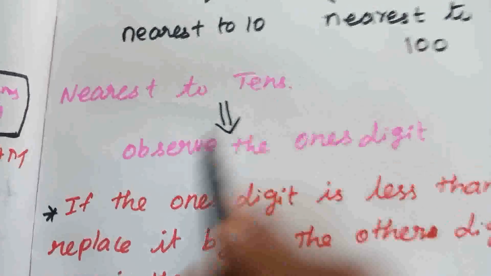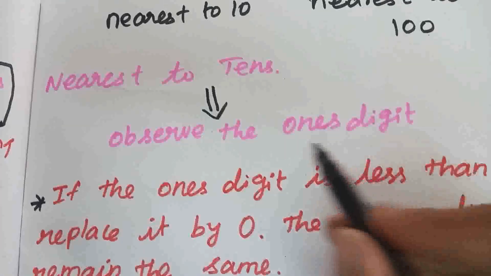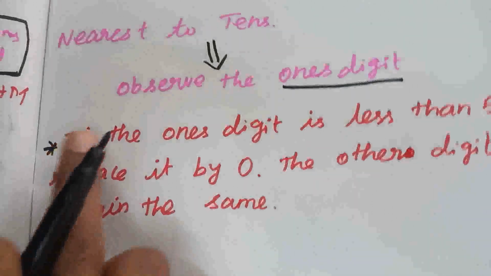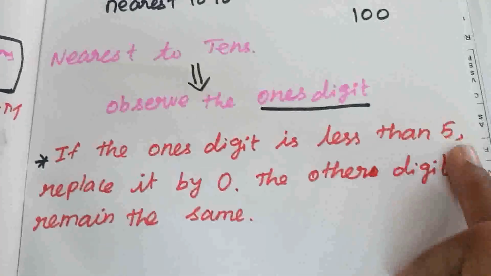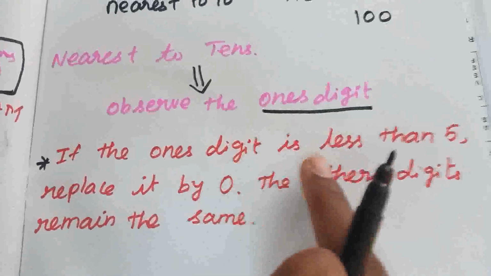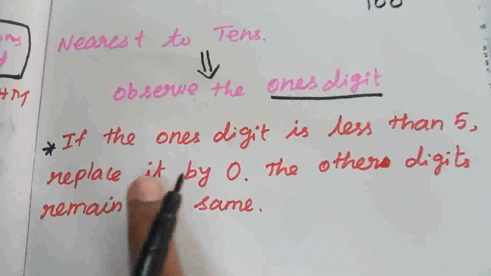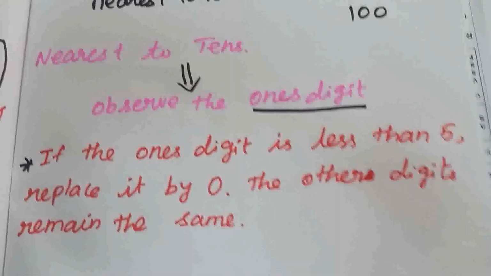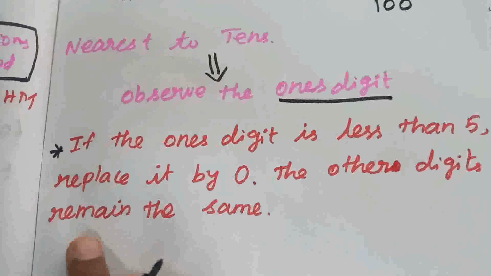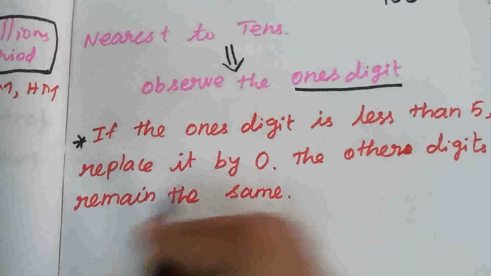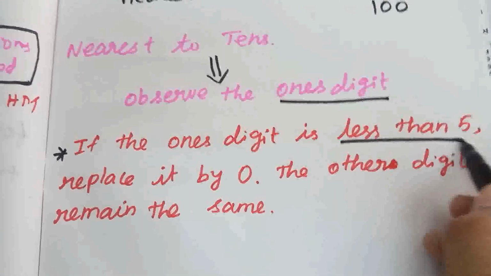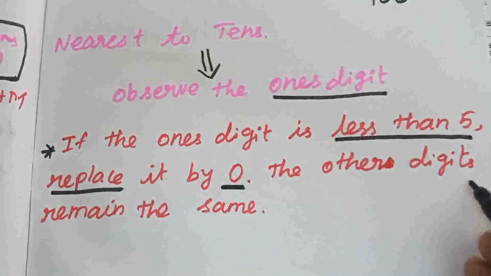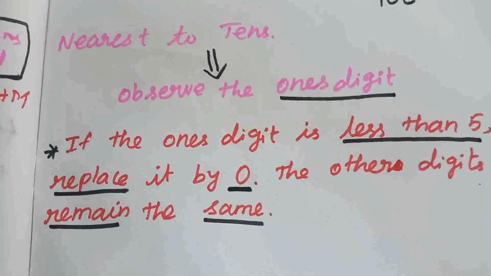The first condition: if the ones digit is less than 5, replace it by 0. In which place? Ones place. The other digits remain the same. Okay. So if the ones digit is less than 5, replace it by 0. The other digits remain the same, you have to write.